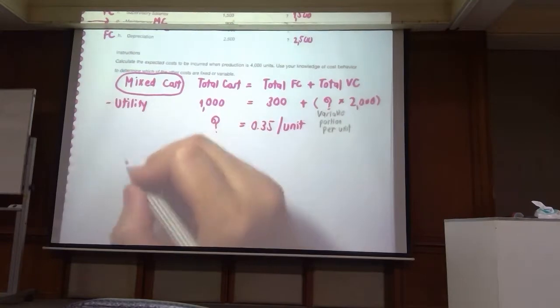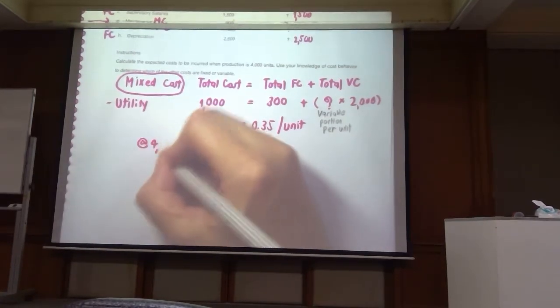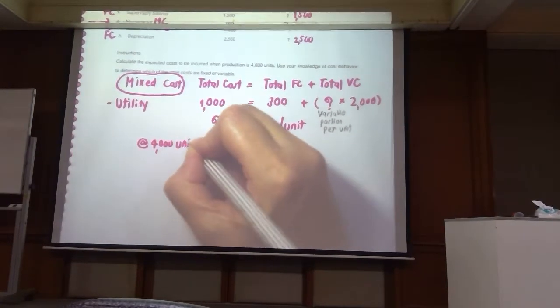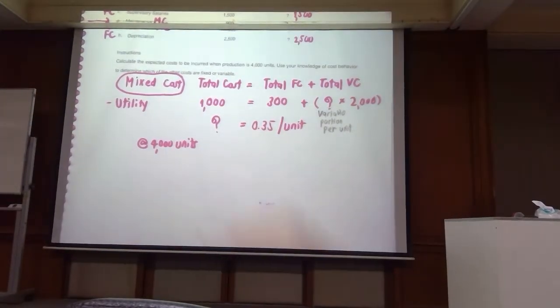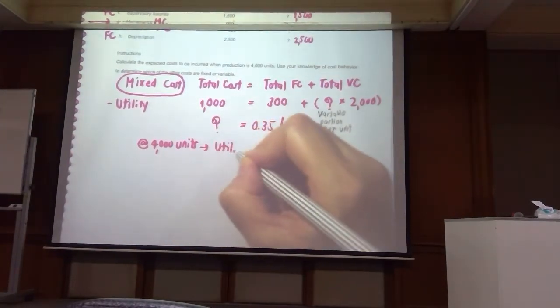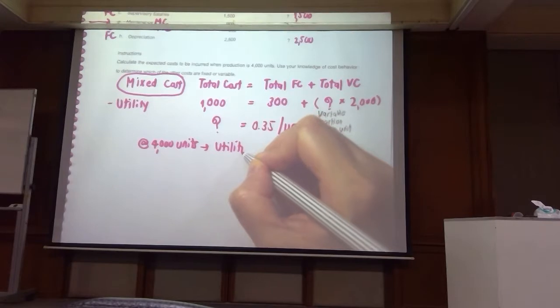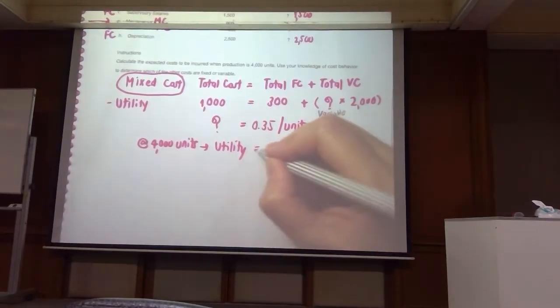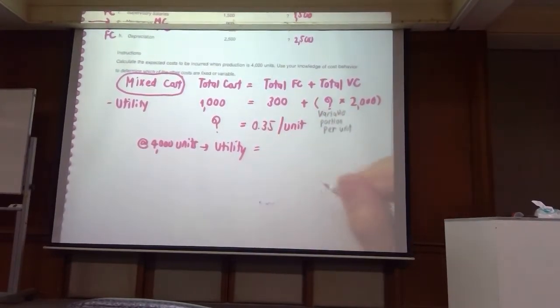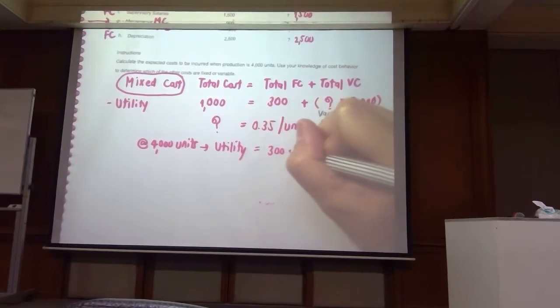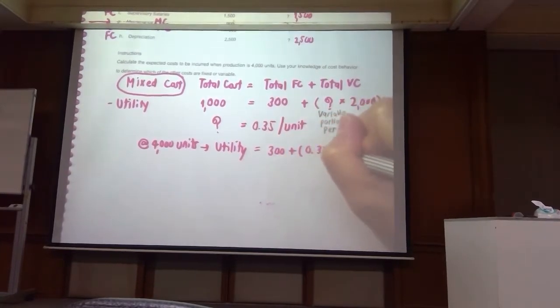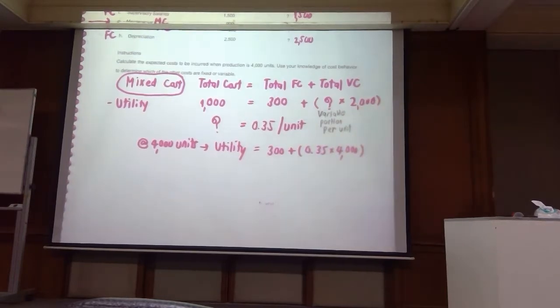And how about if you produce at 4,000 units? Utilities will be equal to 300 plus 0.35 multiplied by the number of units that you produce, right?